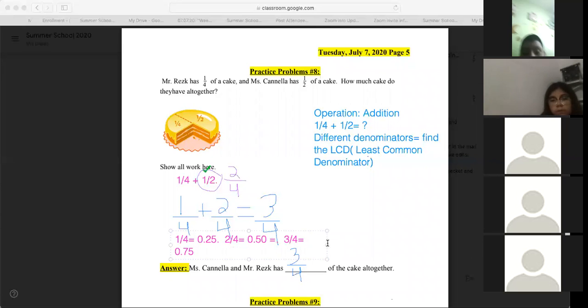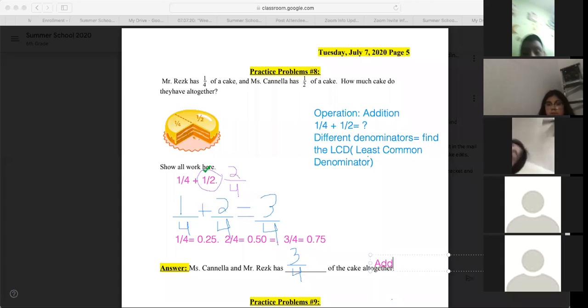And there's a little money lesson for you. Because again, fractions is division. So 1/4 is always 0.25, 2/4 is always 0.50, and 3/4 is always 0.75. So really they ate 3/4 as a fraction or 0.75 of the cake altogether. Because the key word altogether meant add. Altogether means add.